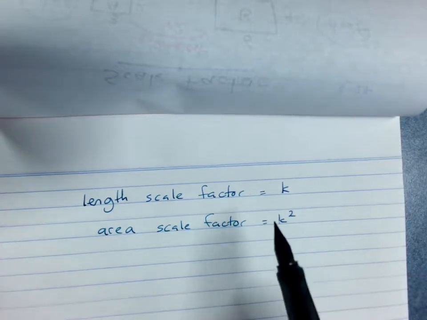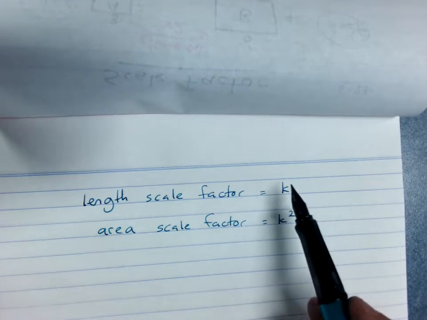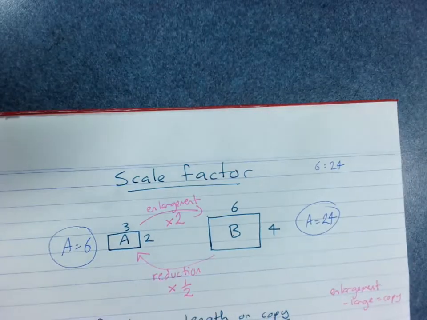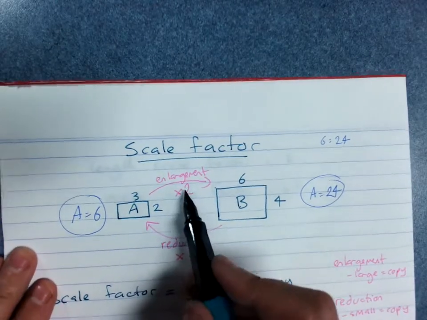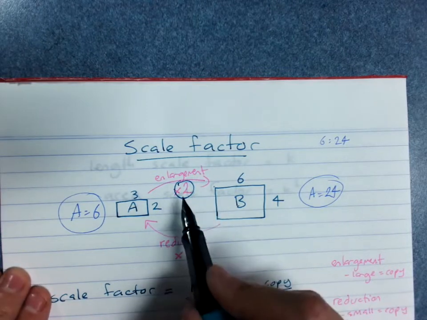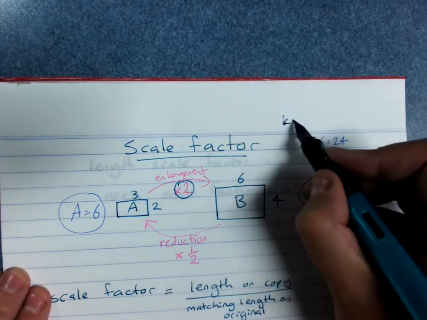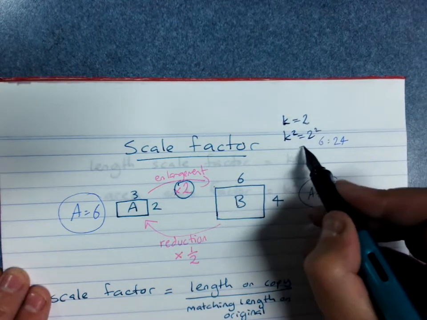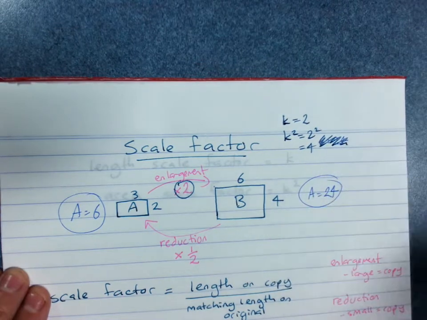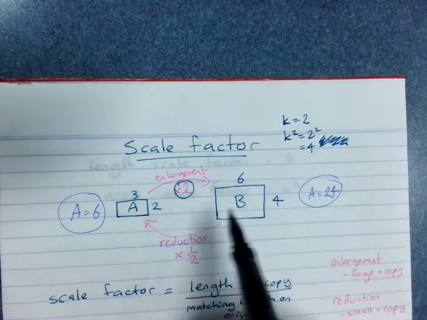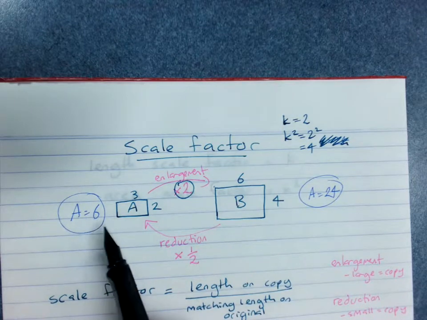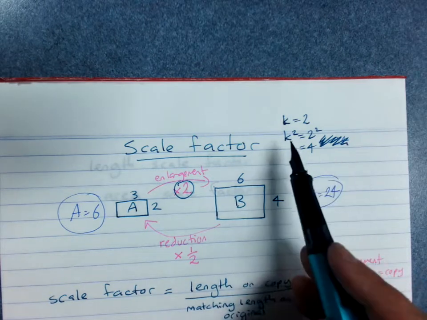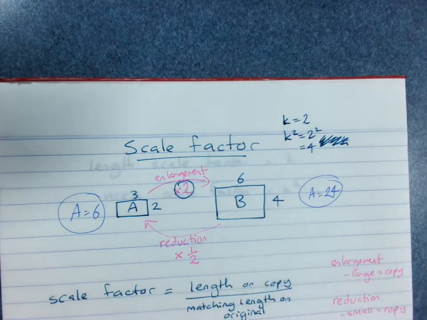That means if you've got the length scale factor, you square it to find the relationship between the areas. Flipping back here, the length scale factor here was 2. k equals 2. k squared is 2 squared, which is 4. Sorry about this bit here, I got messy. And the areas, 6 times 4 is 24. So the relationship between the areas is gained by k squared.